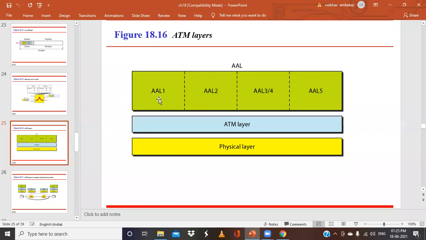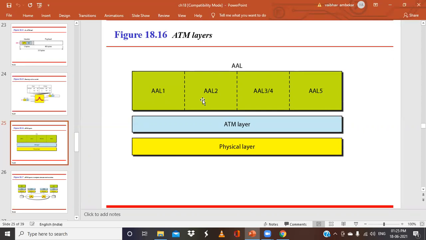Similarly, we have AAL2, which was designed to support variable data rate. AAL1 was for fixed data rate, or constant bit rate. If you want to send with a variable data rate, then we can use AAL2.